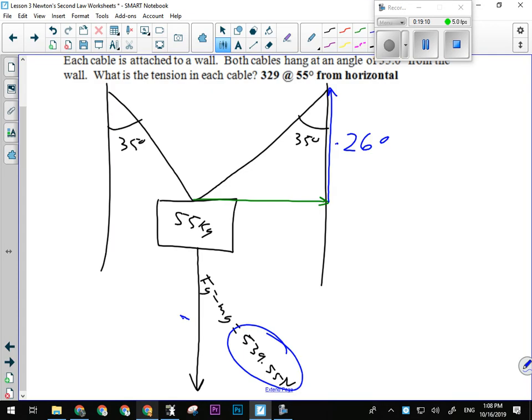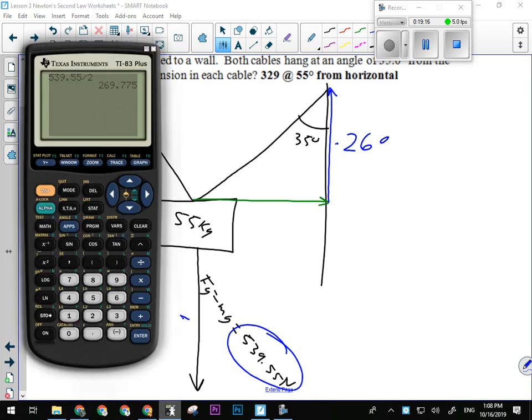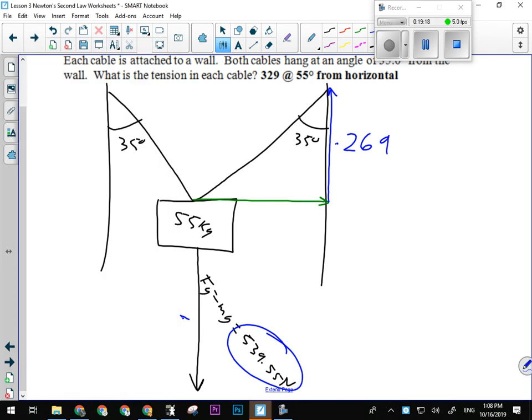Okay, so we've got that. That's on this side as well. But because the cables are identical, I don't need to calculate it twice. I just need to solve for the tension in this cable because it's identical to this one.